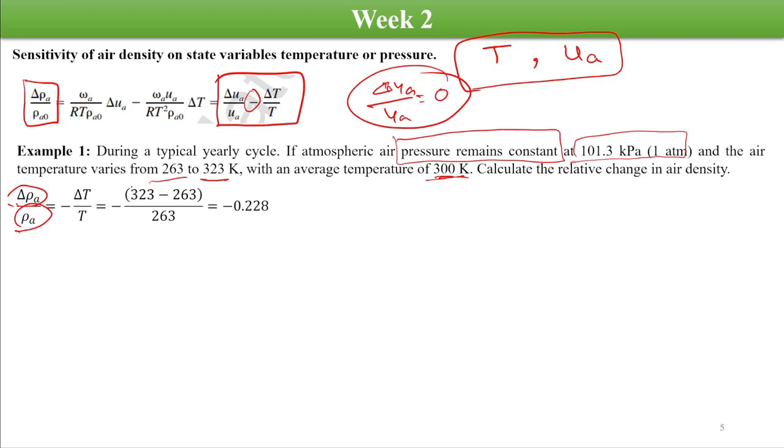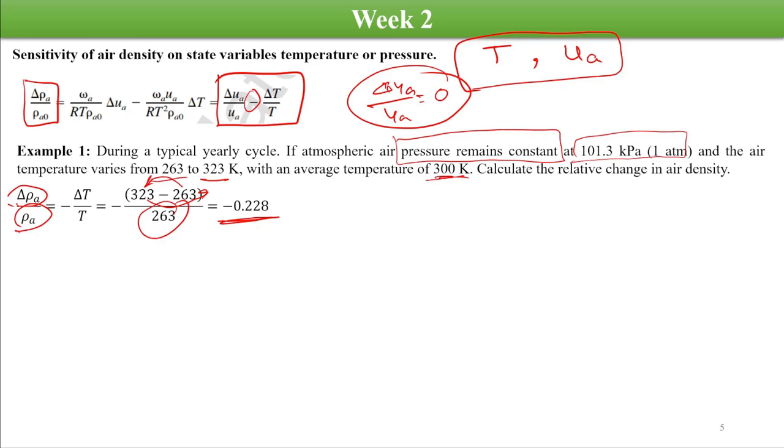So we'll put a minus, and the temperature is changing from 263 to 323. Right? So I think it is written incorrectly. 263 will be this side and 323 will be this side because the temperature T1 is 263 and the T2 is 323, right? And divided by the initial temperature 263. And in this way we'll get the ratio as minus 0.228.